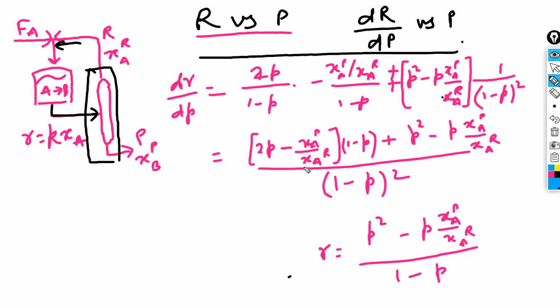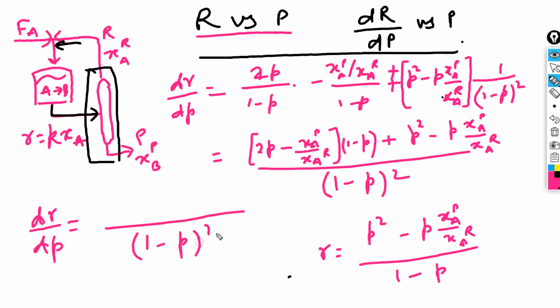So if you do the needful there, I think what you'll get is dr by dp is equal to 1 minus p whole square minus 2p square plus p square will be minus p square.